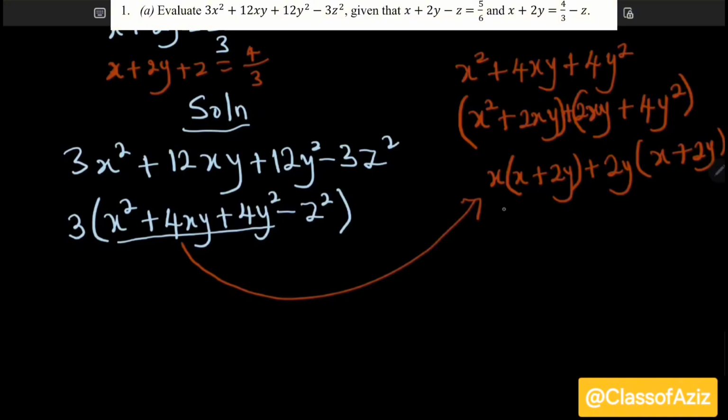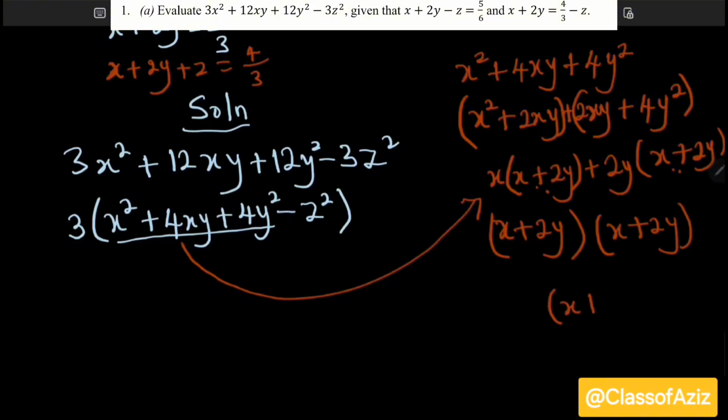Now having this, we have x plus 2y in one bracket, and we can see these brackets are the same, so we pick one, which is also x plus 2y. So they are the same thing, so we just say x plus 2y squared, which is the same as x plus 2y times x plus 2y.